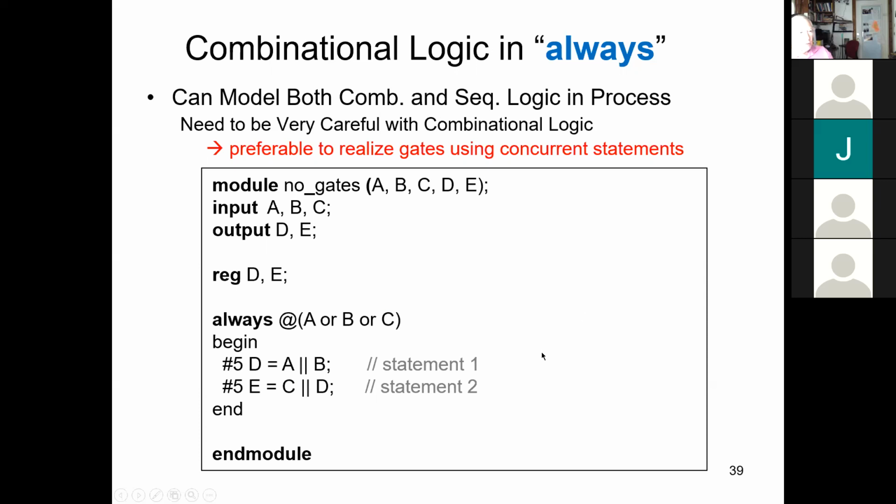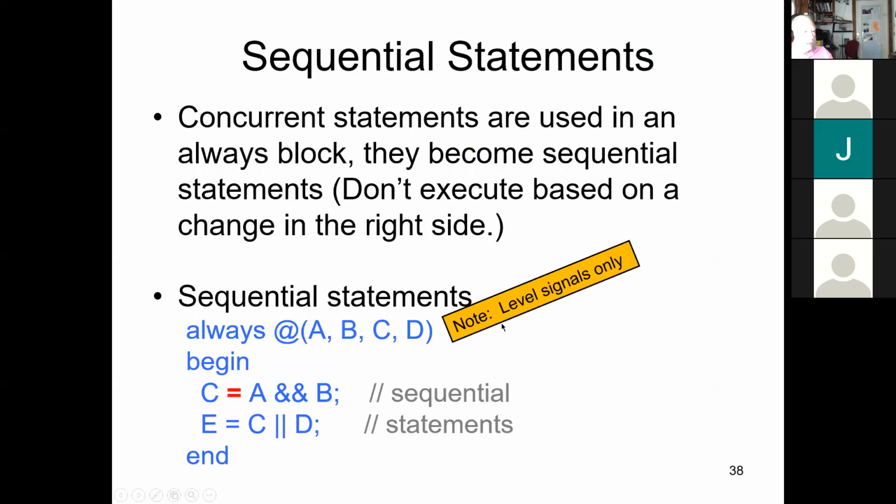If you're running Cadence, it may very well let you do that. But Cadence is typically used to make an integrated circuit as opposed to programming an FPGA. So that's partly that distinction. But in Vivado, you can't. You cannot mix level and edge signals in the sensitivity list. Okay.